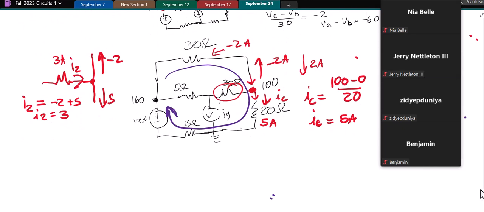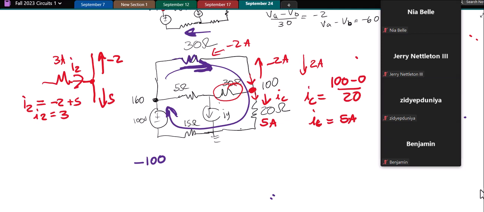Okay, so going into the 100 volt voltage source, I'm going into the negative side, so negative 100. And then let's take a look at this top resistor here. I'm going in this direction to the right. The current I have labeled is going to the left.